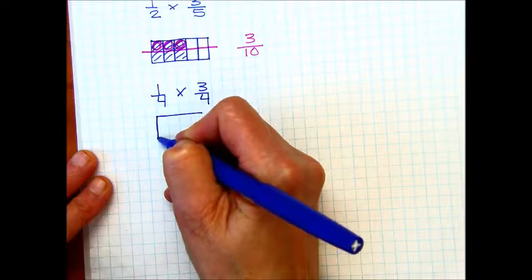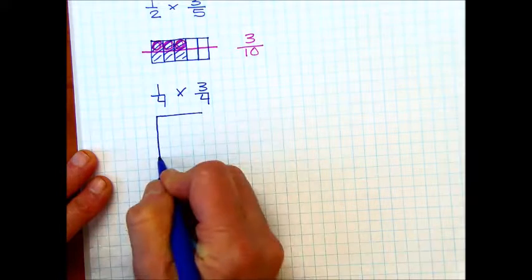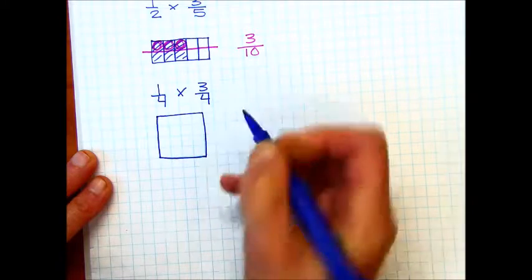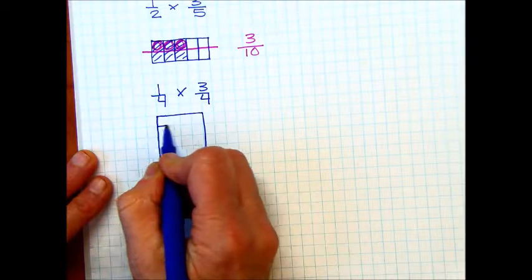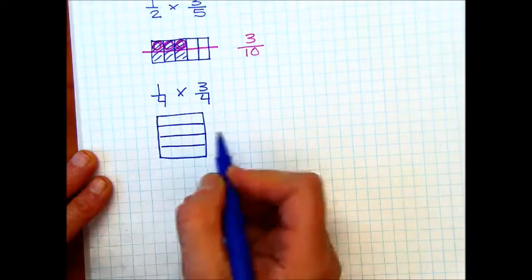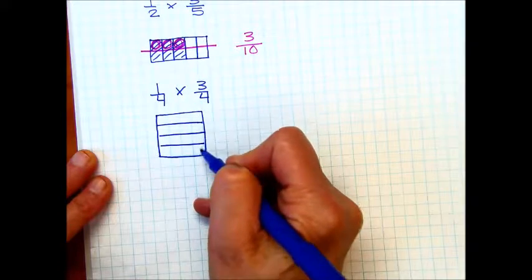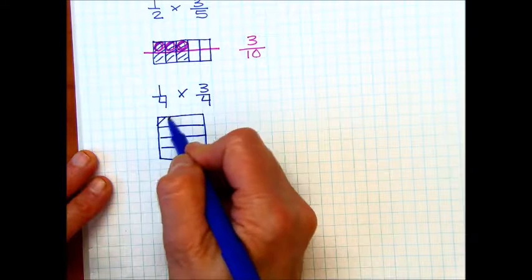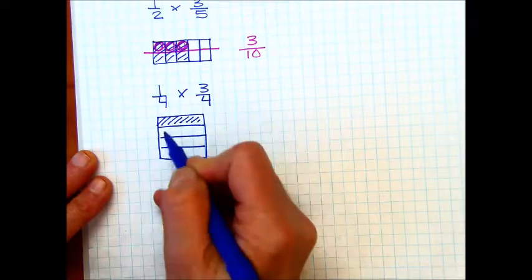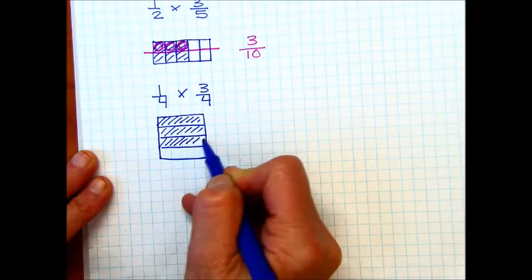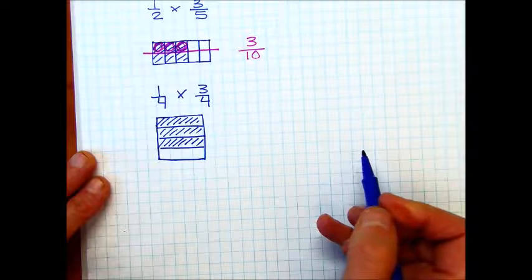I'm going to go ahead and make this a little larger so my model can show what I'm doing. So I've got 4 equal parts, and I'm going to shade 3 of those parts. Each part is worth 1/4.